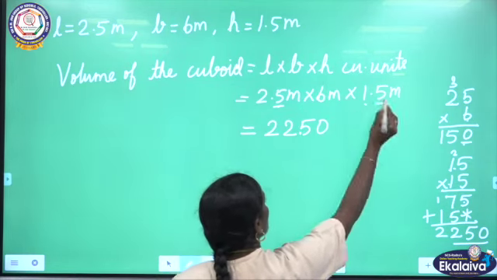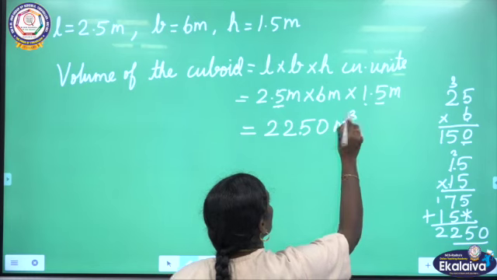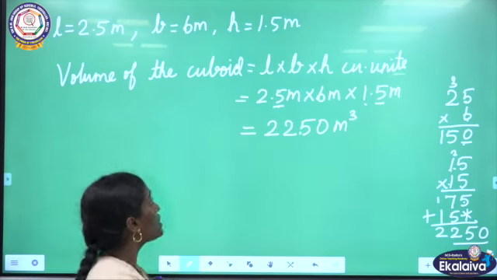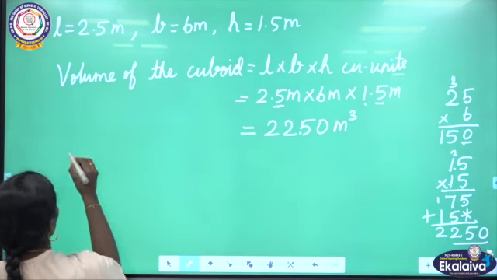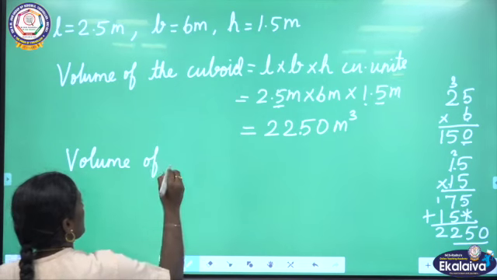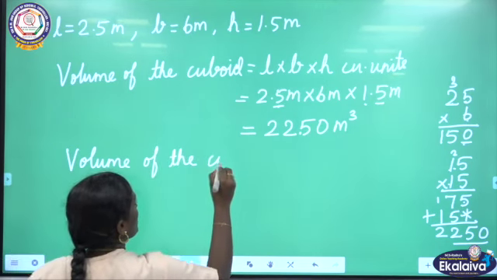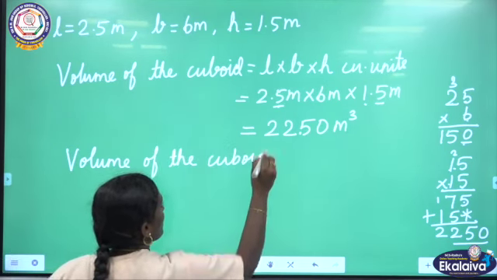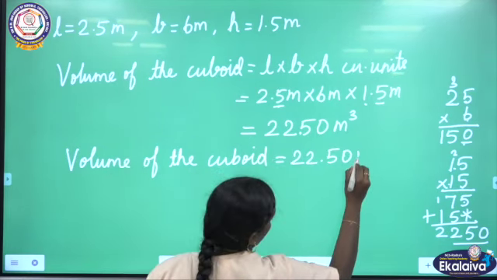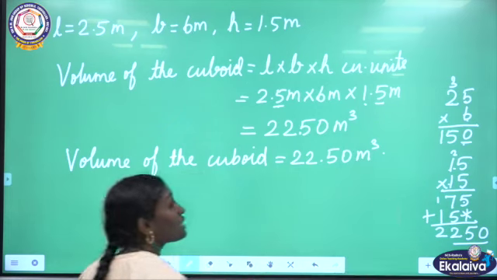Then meter into meter into meter, we will get meter cube. So, 22.50 meter cube. This is the volume of the cuboid. Volume of the cuboid is equal to 22.50 meter cube. Is it clear, children?